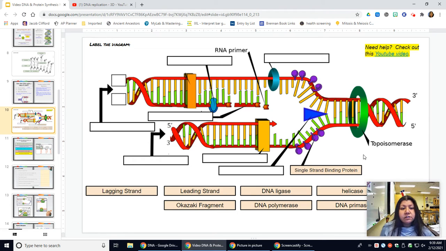All right. So here are my DNA strands, and I can see now it's going the opposite direction. I'm going to start adding in my little drag and drop so that way we can figure out what goes where. First off, I have this enzyme that's unwinding, it's splitting apart my DNA.